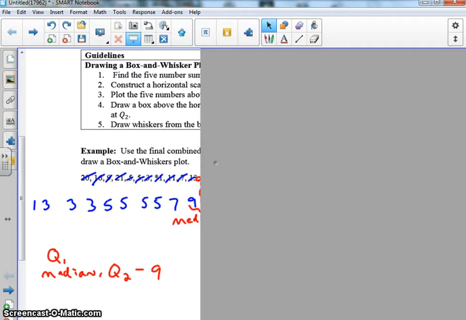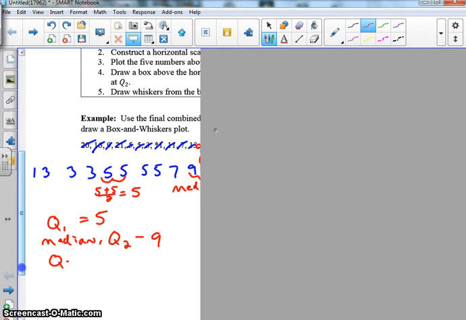And then you want to find the median of that data. So just to recap, you find the median, the middle number of all the data, then you look to the left of it, cover up the right, and find the median of that. There are 10 pieces of data there. So again, I'm going to have to add the fifth and the sixth, divide by 2, and Q1 is 5.